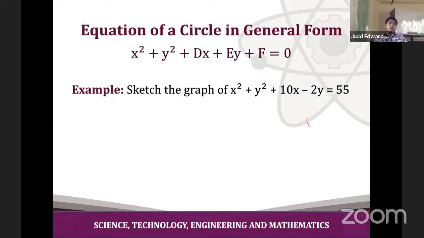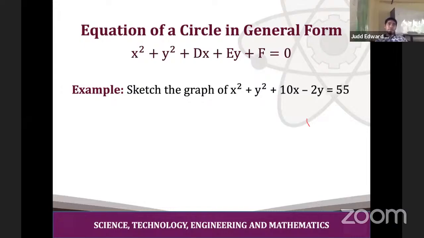So there are some steps in order for us to solve for the center radius form or the standard form of this equation of the circle. Remember, if you are asked to sketch the graph of, or if you are asked to get the standard form or the center radius form of the circle, all you have to do is to complete the square. And in completing the square, the first step is, sabi nga nila, lahat ng x pagsamasamahin natin sa kaliwa.